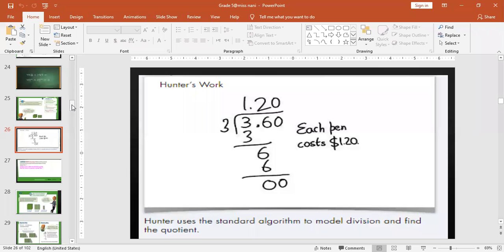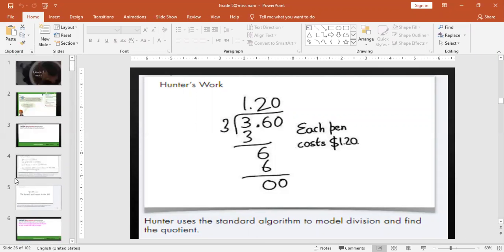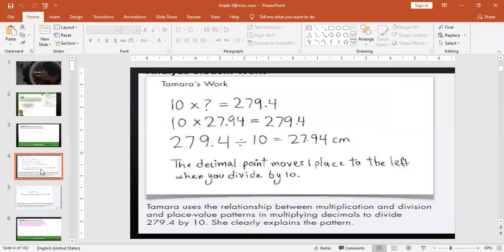As you see, it was also in my revision that I have put before, that if I have 279.4 divided by 10, the decimal point moves one place to the left when you divide by 10. So it will be 27.94 centimeters. Okay.